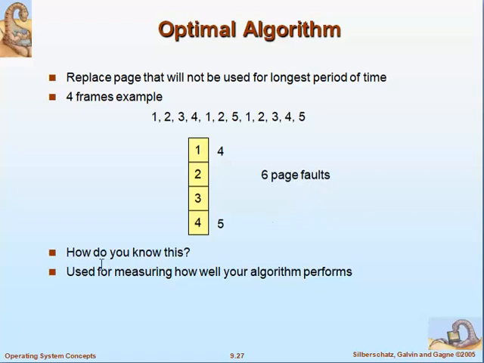page faults. Next, the biggest problem with the optimal algorithm is how do we know which are the pages that are going to be requested in the future. That is impossible to know.